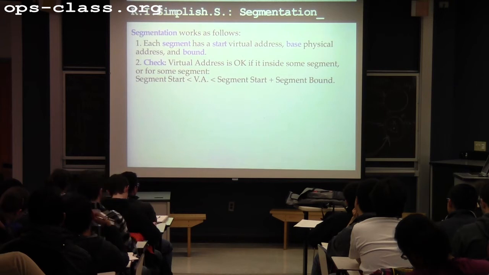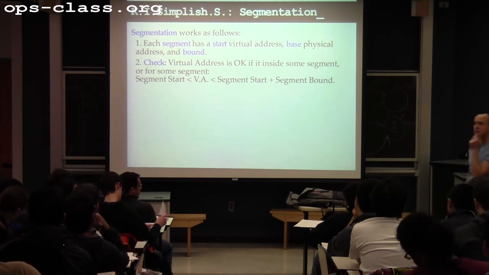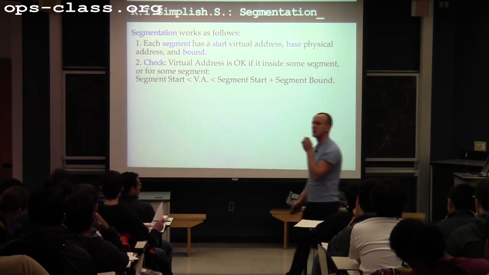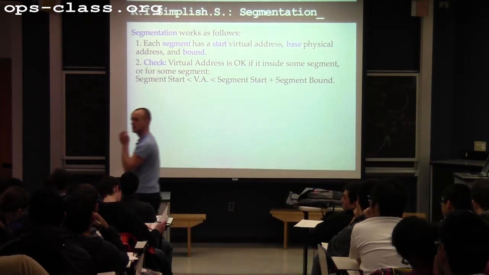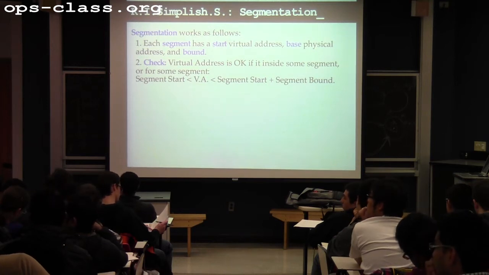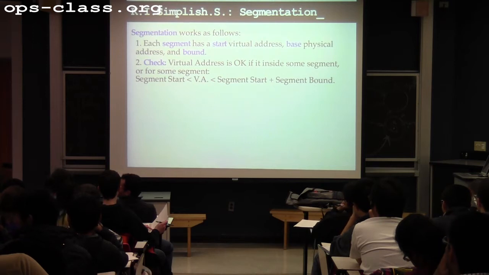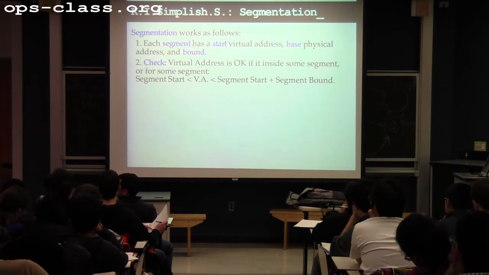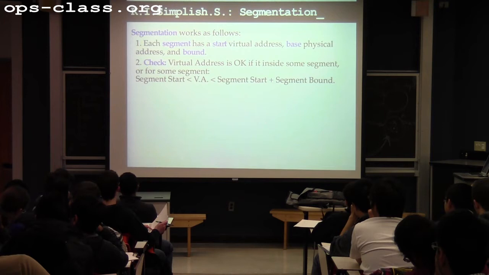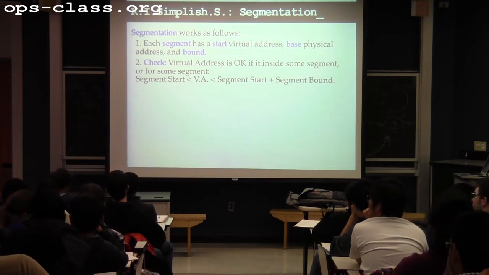And then how do I translate it once I determine that the address is valid? Sunny. Somebody want to help them out? Paul? You're asking how to translate the virtual address to the physical? Yep. I've located a segment.